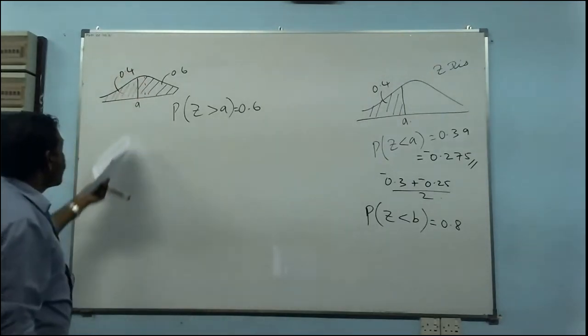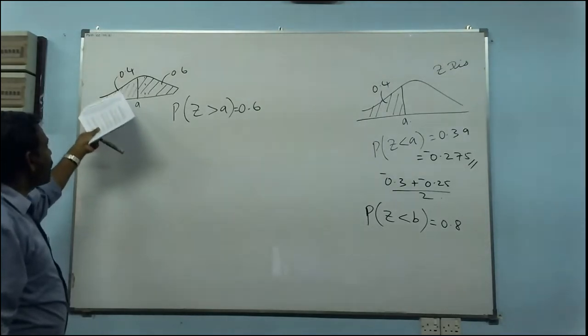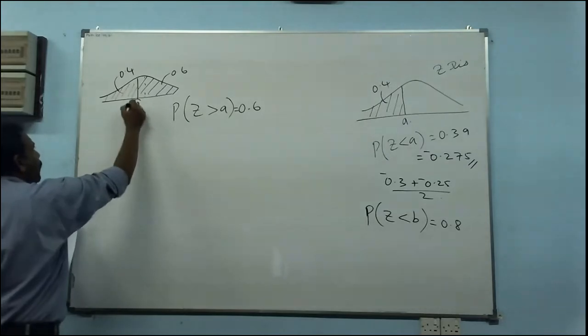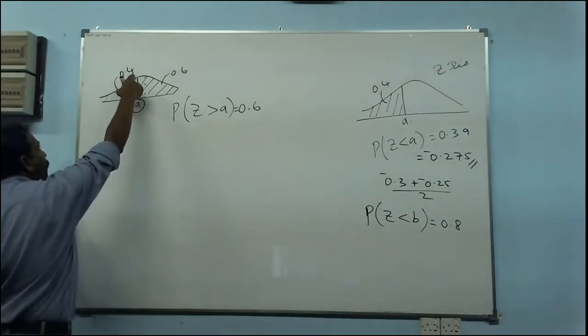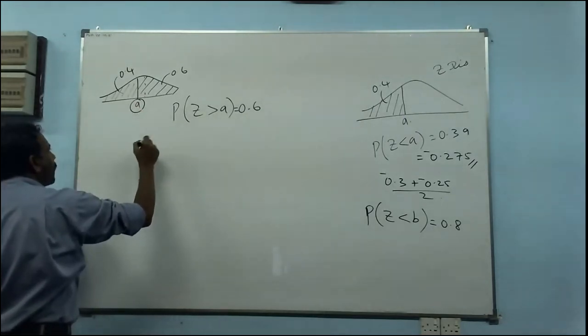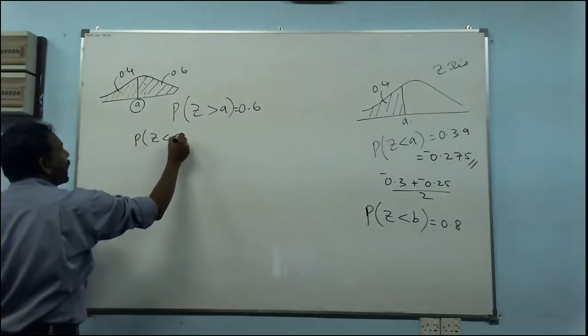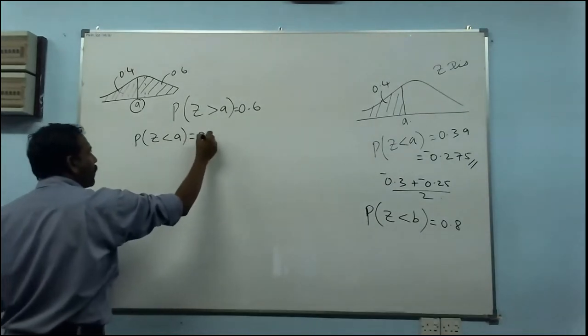Fine. So now we simply want to find the probability which coincides with 0.4, which we have already done. The area is already there, 0.4. So the probability of Z less than A is 1 minus 0.6, that is 0.4.